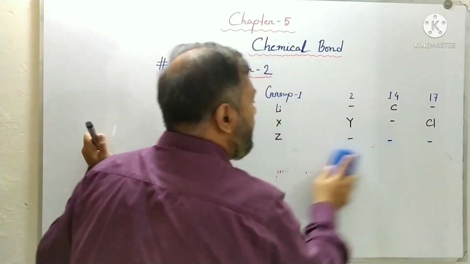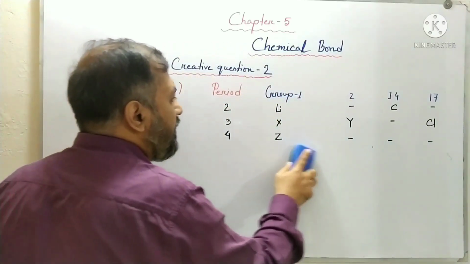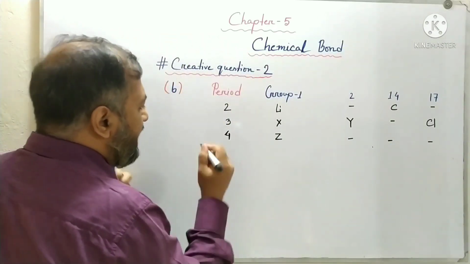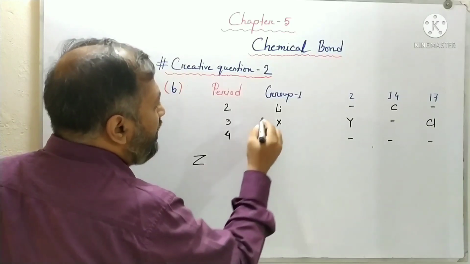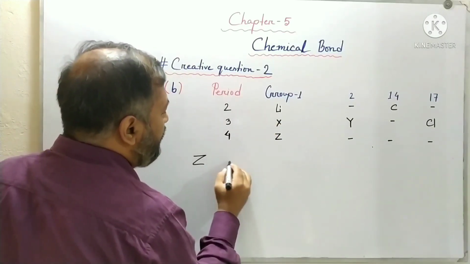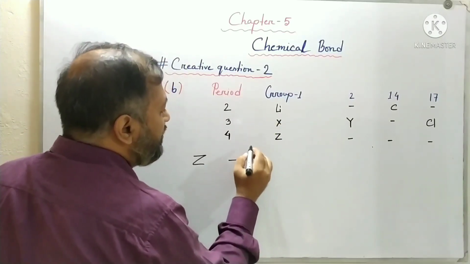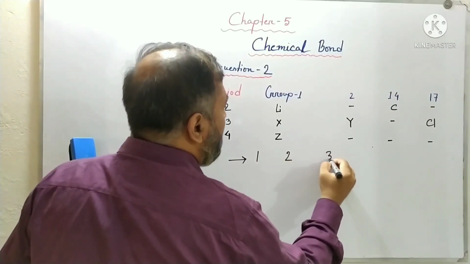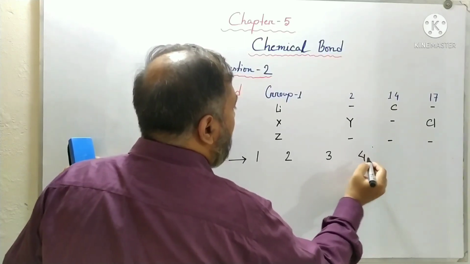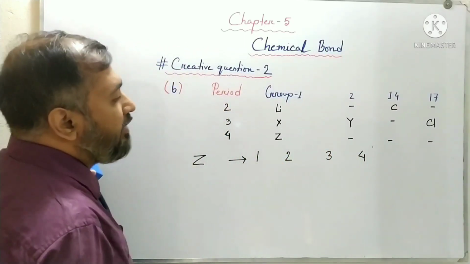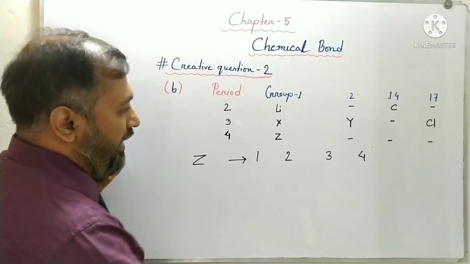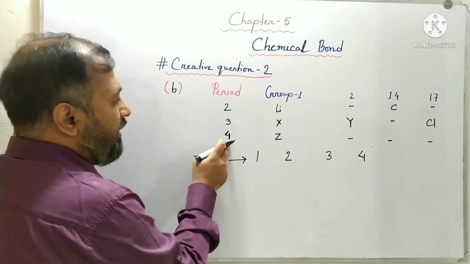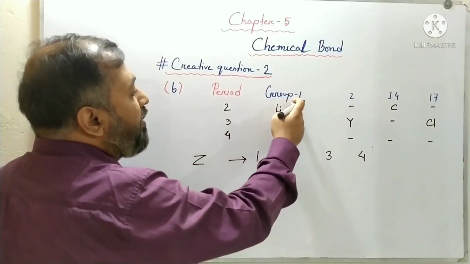You can see the board. In this place we can see that Z remains in the fourth period. So if we go through the electronic configuration of Z, what will we do? 1, 2, 3 and 4. That means the last electron will enter the fourth energy shell, as 4 is the period number and the group number is 1.